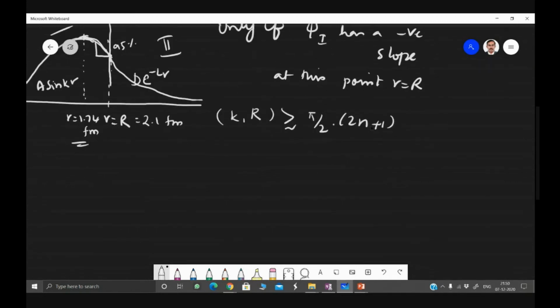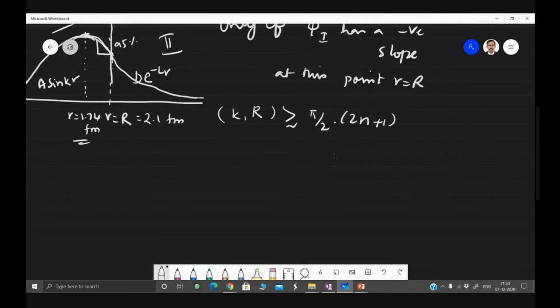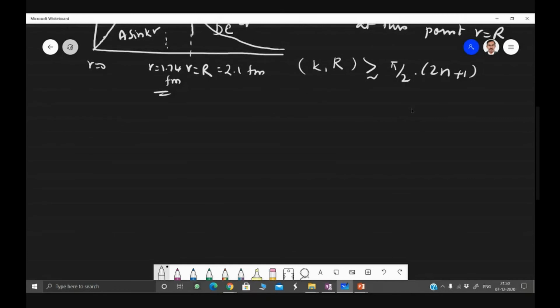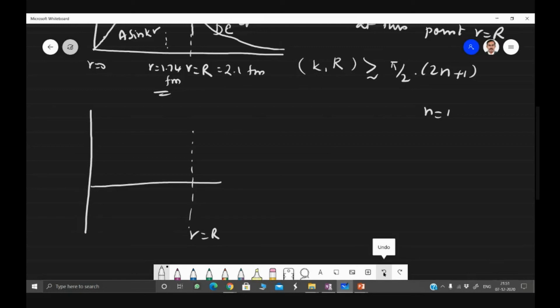Suppose we have n equal to 1. In order for the sinusoidal function to possess a negative slope, the wave function must, as I have stated, possess a negative slope at r equal to capital R. If n is equal to 1, this will be 3 pi by 2. We have the maximum value of the sinusoidal function at pi by 2, then it will invert and obtain a maximum value at 3 pi by 2, and then it will have a negative slope.